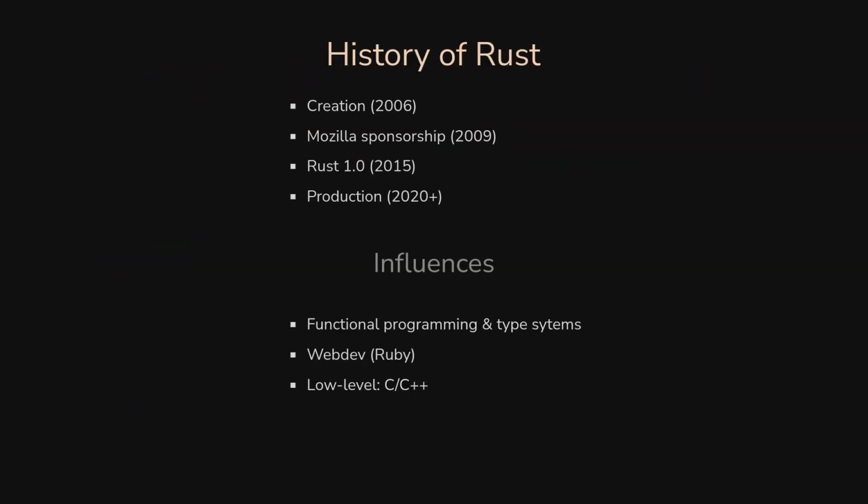The goal is to give an introduction to those ideas and also give a bit of perspective that Rust is not just a bunch of rules and typing rules, but it actually came from good design, let's say.